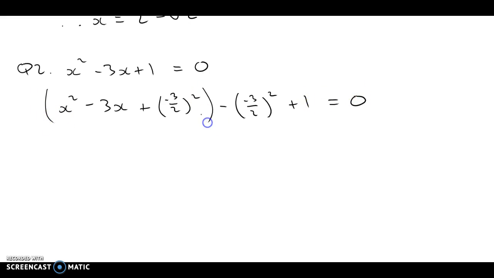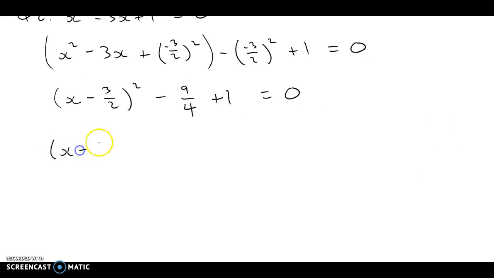Let's just focus on this component to begin with. That will give us x minus 3 on 2 all squared. And then we come over to this component here. Minus 3 on 2 all squared will give us minus 9 on 4 plus 1 equal to 0.